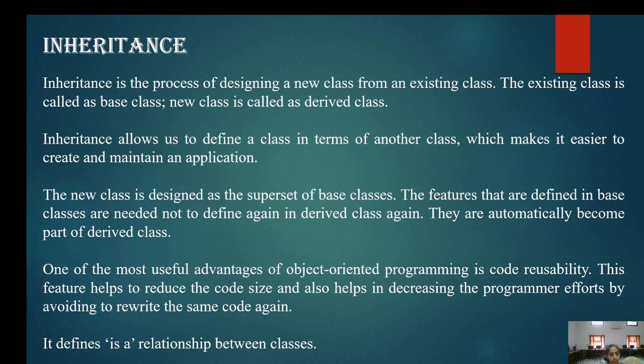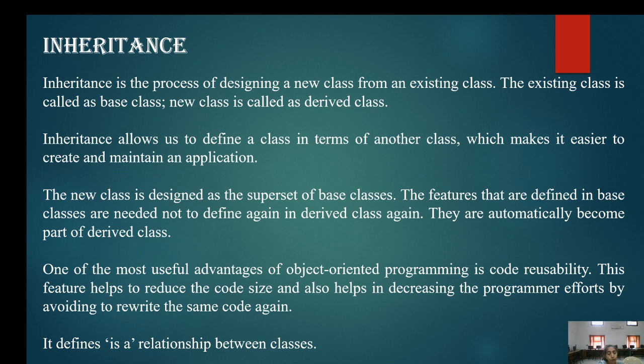For example, if we define parrot as a derived class of base class bird, then parrot automatically has the features of base class bird, wings and fly, and it can have its own features, like it has green color and it eats chilies.